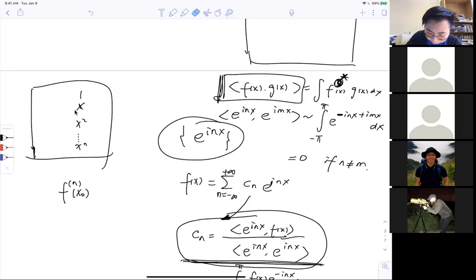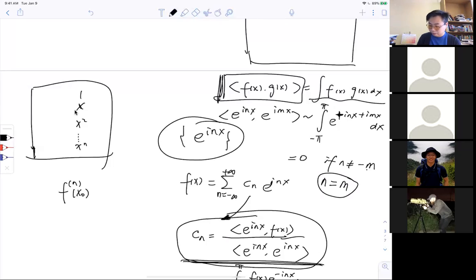Of course, you can say, okay, I define another inner product without this complex conjugate, then this becomes a plus sign. So this is not 0 only when n is not equal to minus m. Then it's not that useful for us because we want an orthogonal basis.